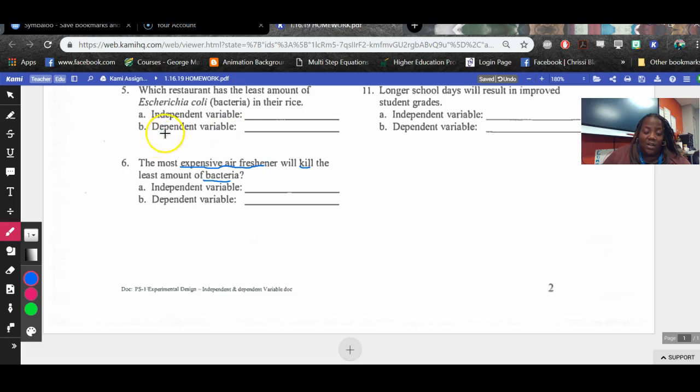So you just put air freshener for the independent variable, because that's the thing that you can change. Air freshener is the thing that we can change, the independent variable. And then what's it going to affect? What is the dependent variable? The amount of bacteria that it will kill.